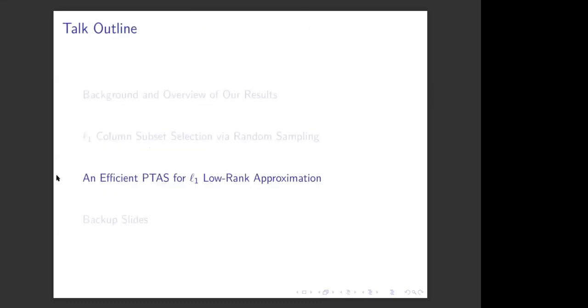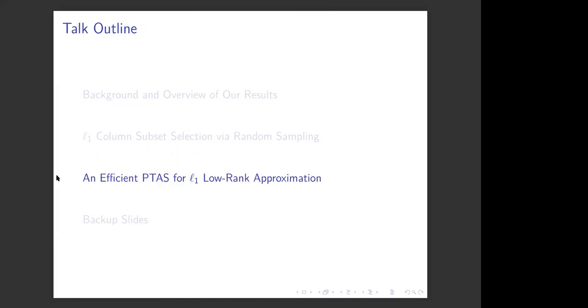Okay, so that's all well and good. That's a tight factor for column subset selection because of the lower bound, which was previously known, that you cannot get a better than square root k approximation factor for column subset selection.